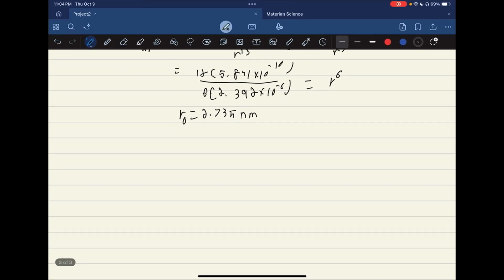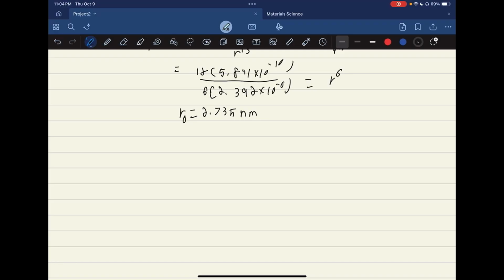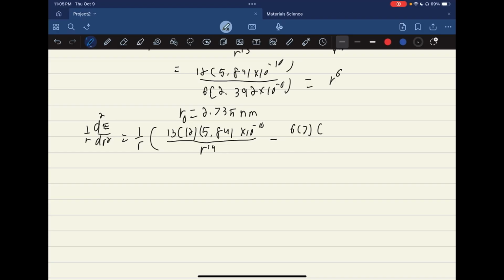And then when you're solving for the Young's modulus, you have to take 1 over R times the second derivative of the energy with respect to R. So it'll be 1 over R times d2E over dR2, and d2E would be 1 over R times 13 times 12 times 5.841 over R to the 14th, minus 6 times 7 times 2.392 times 10 to the negative 6th, all over R to the 8th.